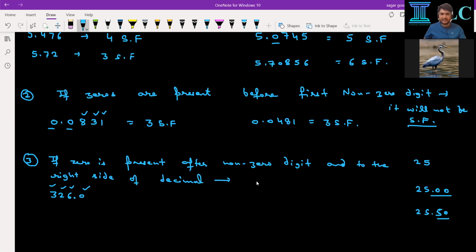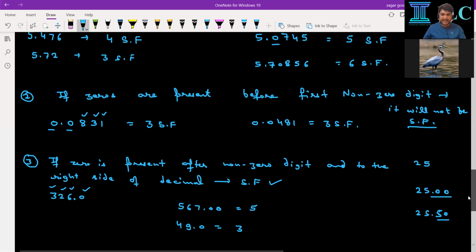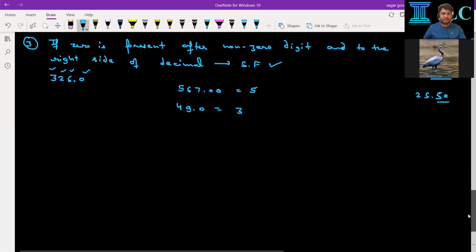Okay Vishnu, if I'm saying 567.00, how many significant figures? Five. Yes, because you will consider them. So these rules you have to always remember. Very simple. Okay, actually significant figure rules sometimes fail.